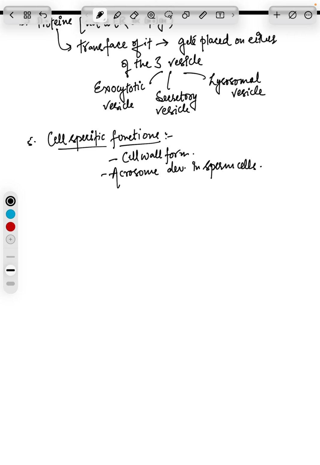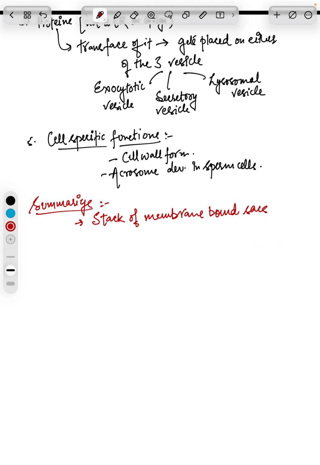So, if we summarize the Golgi complex, then we make points like: it is a stack of membrane bound sacs. It receives most of the substances from ER.